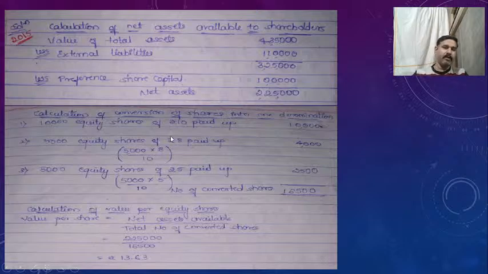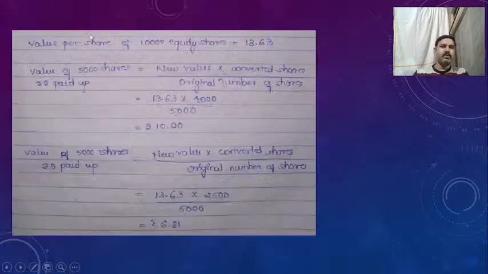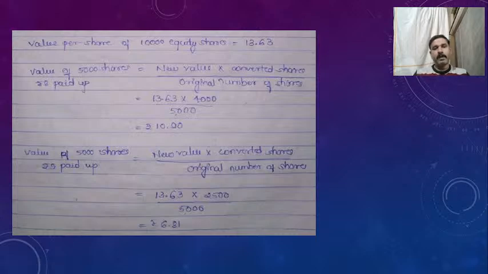Then you have to calculate according to this value, that is the fourth step. The value per share of the 10,000 equity shares of 10 rupees fully paid is 13.63. So face value 10 rupees, paid up value 10 rupees, their share value is 13.63.